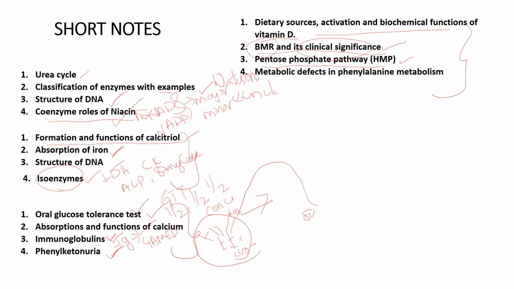Pentose phosphate pathway is one of the important pathways in carbohydrate metabolism. It is also called the hexose monophosphate pathway. You have to write the steps starting from glucose 6 phosphate, and it ends with glucose 6 phosphate. So that is why it is a peculiar pathway, but in between it produces ribose, which is very important for the synthesis of DNA, nucleic acids, RNA.